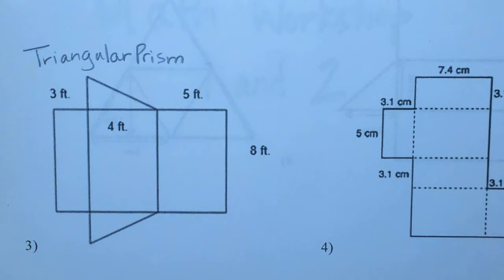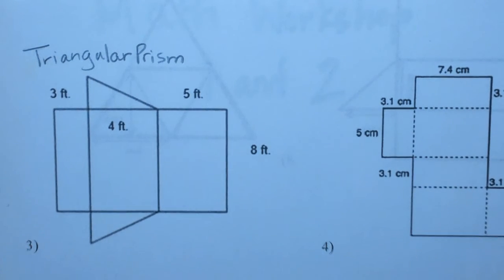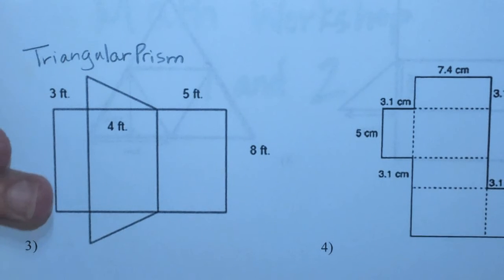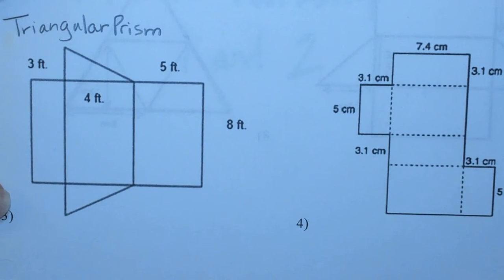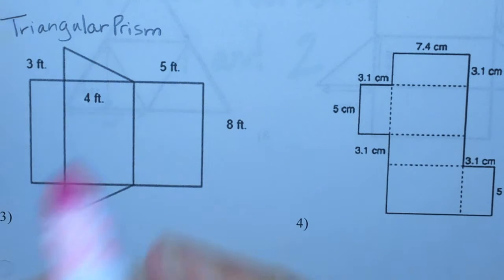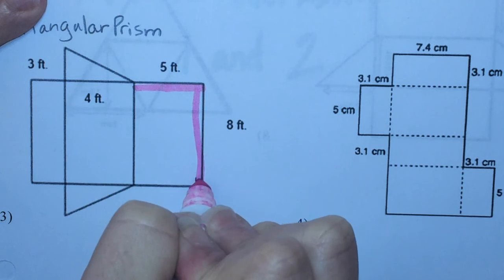Okay. Now, I usually start with the easy stuff. I don't know if I'm lazy or just do it the easy way, but here we go. Let's see. To me, the easiest box to do is this one, because it is a 5 by 8.